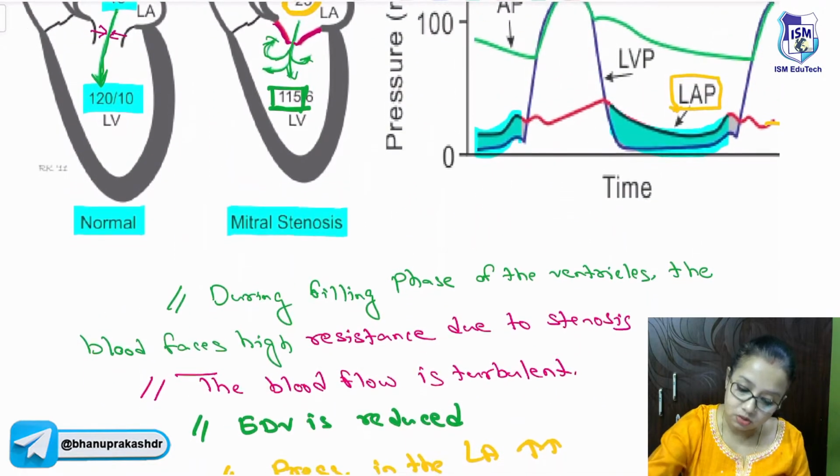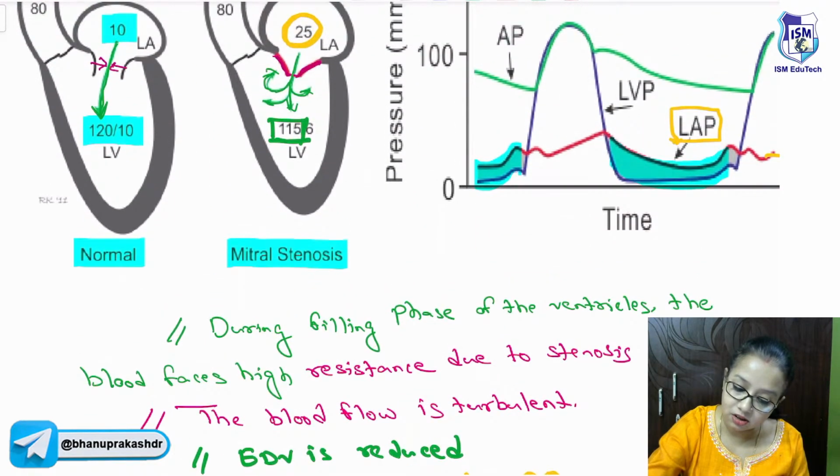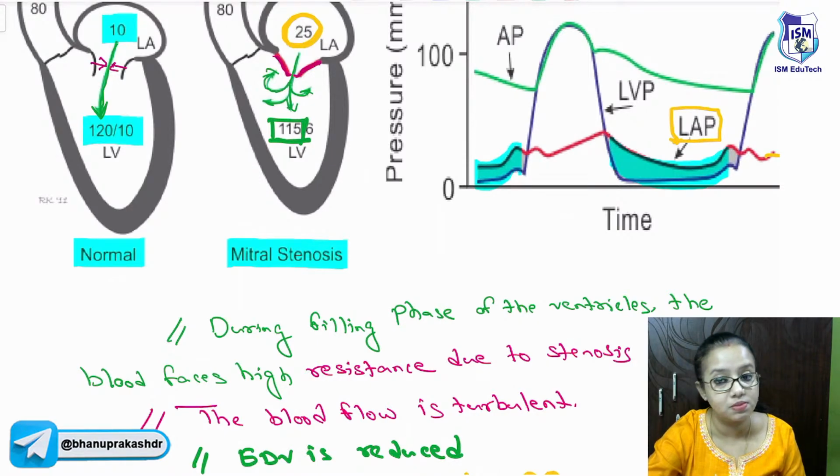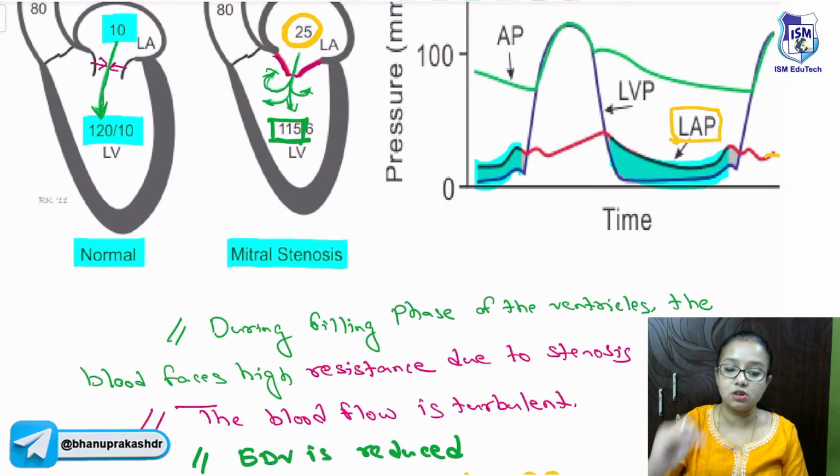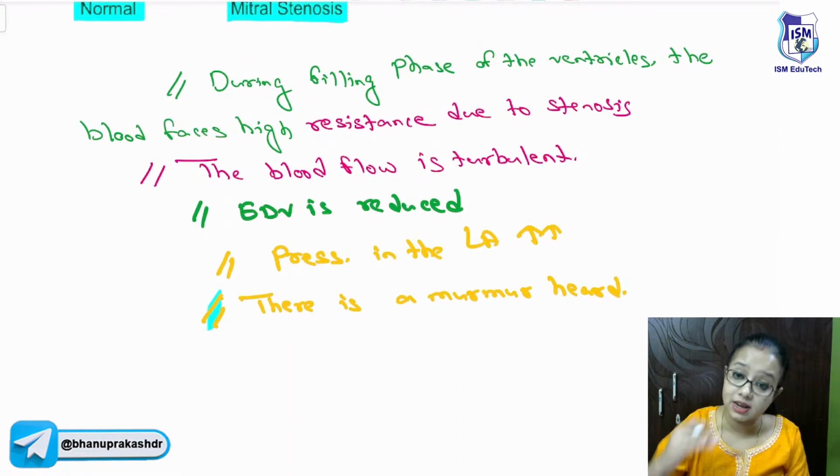And if you look at the pressure of the left ventricle, there is no change or deformation in the curve of the pressure depicting the left ventricle. Means it has not gone up or gone down. Yes, the pressure load on the left ventricle is increased, but the filling pressure, the end diastolic volume, is not adequate. Since the end diastolic volume is less, the amount of blood that should come to the ventricle is less because of the stenosis.